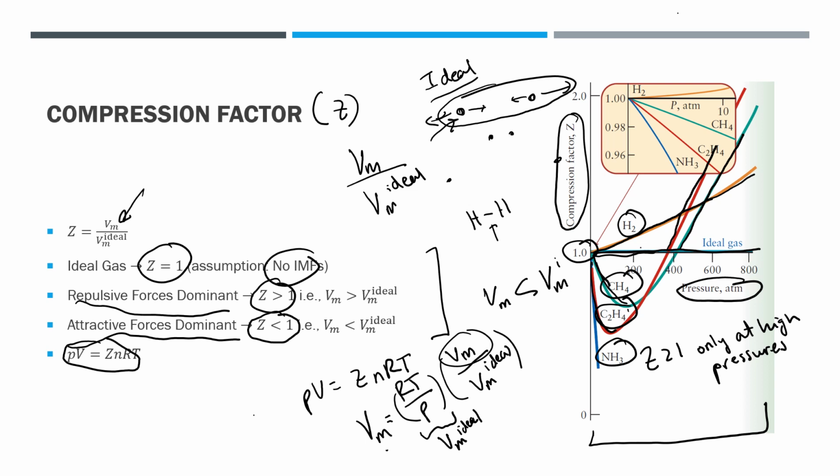Because more electrons implies that the molecule will be more polarizable, and therefore because it's so not polarizable, the London dispersion forces between hydrogen molecules are so weak that attractive forces are never actually dominant, right? Basically, the IMFs between hydrogen molecules are so weak that attractive forces are never dominant, and repulsive forces are always dominant. So that's an interesting thing to note from this graph of compression factors.